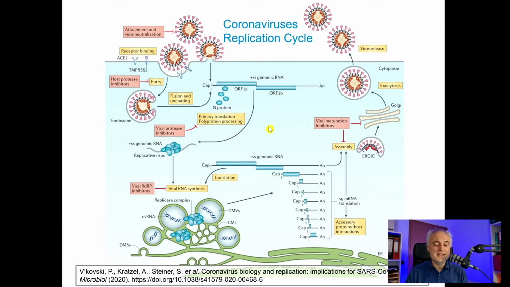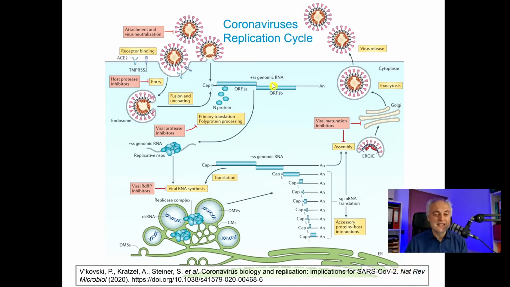So here we go. This is the replication cycle of corona, and you see it's quite a busy slide. This is your virus particle, and the first step is an attachment to the host cell, which happens via receptor binding to the ACE2 receptor. Then this virus particle is internalized, and the membrane fusion, this is interesting, doesn't happen at the cytoplasmic membrane.